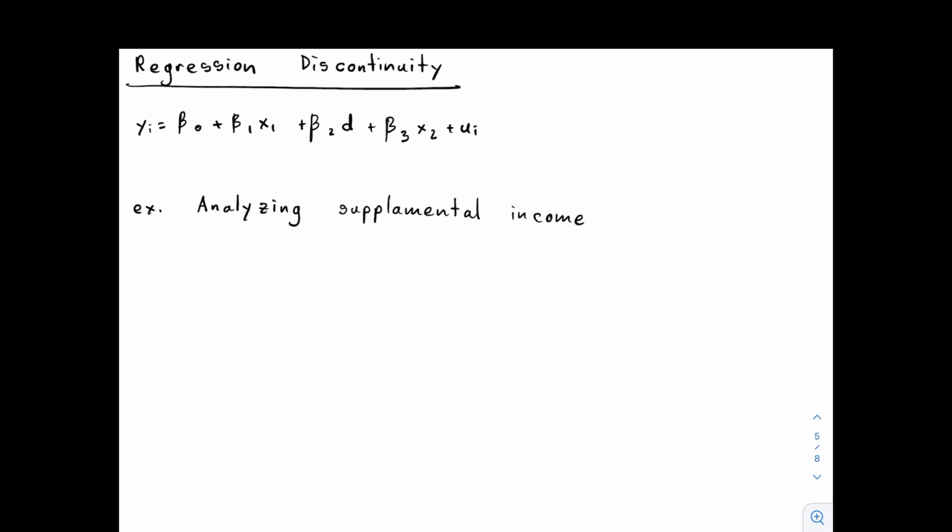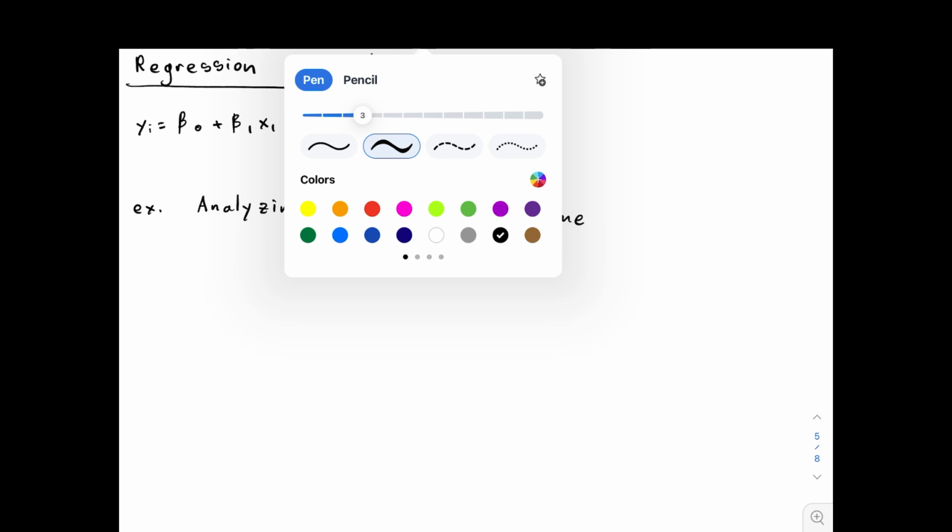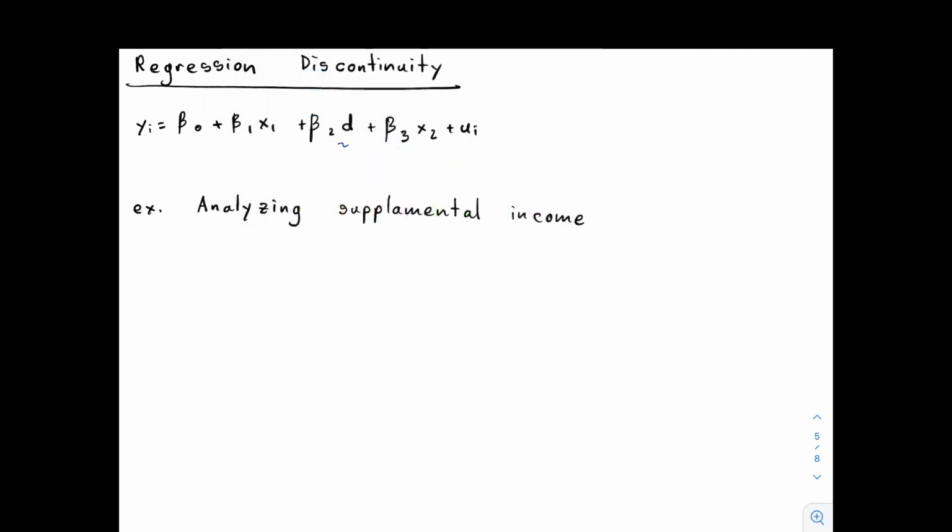And in terms of a model, how you would see it play out is, let's say you're trying to predict your y variable, whatever it may be, and you have your different x values, right, your different explanatory variables. Your regression discontinuity would play out as a dummy variable, which I put in as d right here, pretty much distinguishing whether you're below some cutoff or above said cutoff.